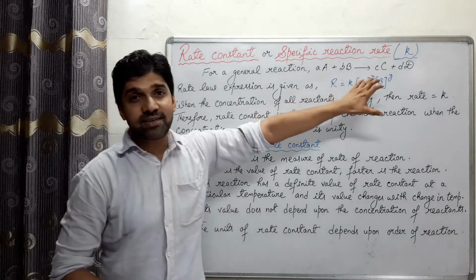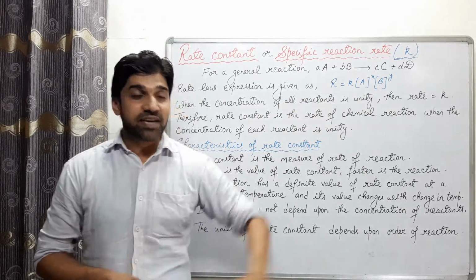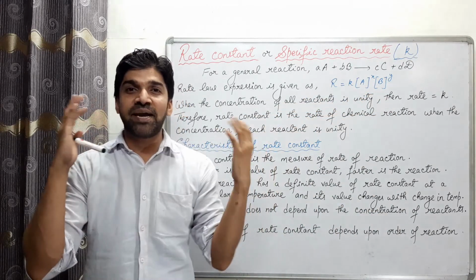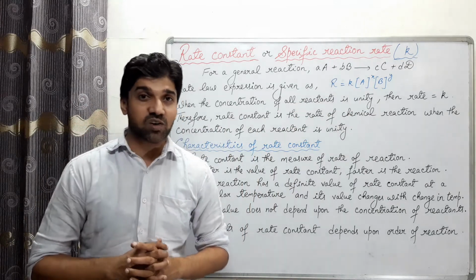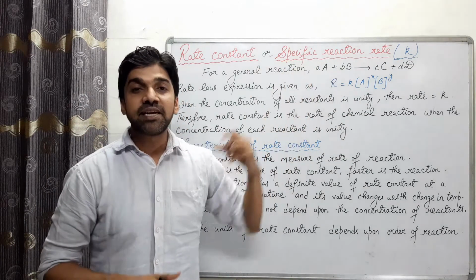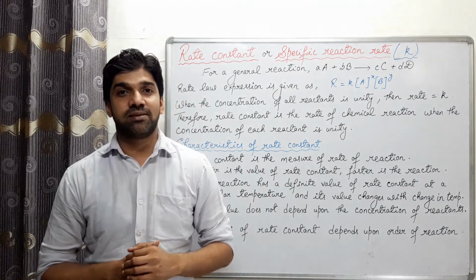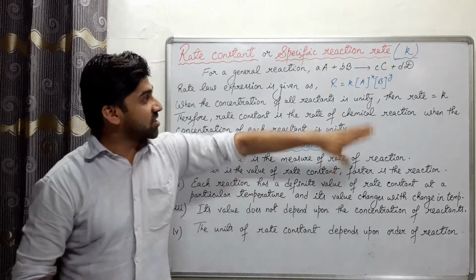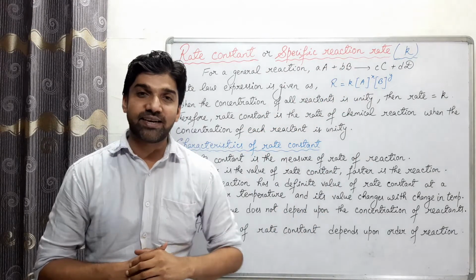And these exponents x and y of the concentration terms may or may not be the same as the stoichiometric coefficients of the reacting species in the balanced chemical equation. Now what is this rate constant k? Let us define it.